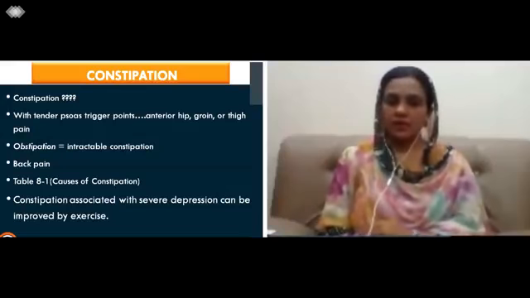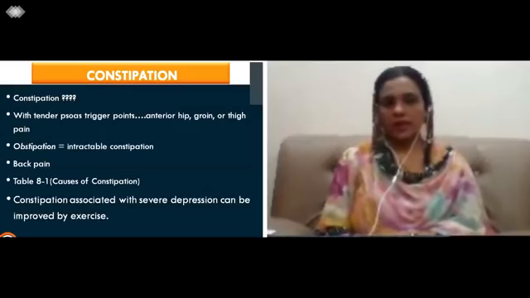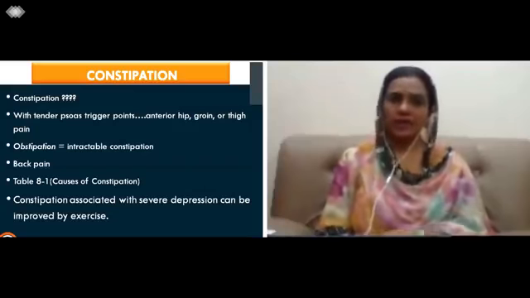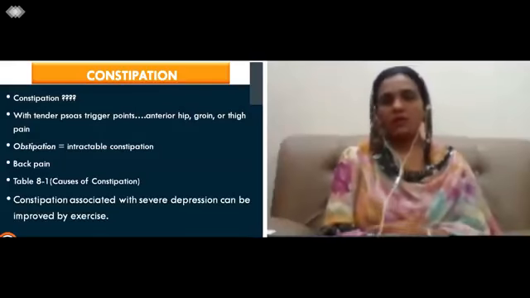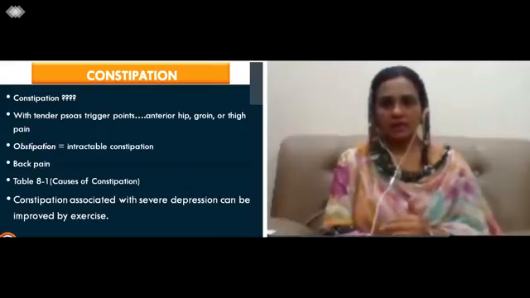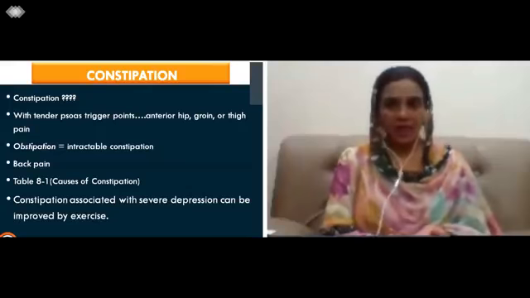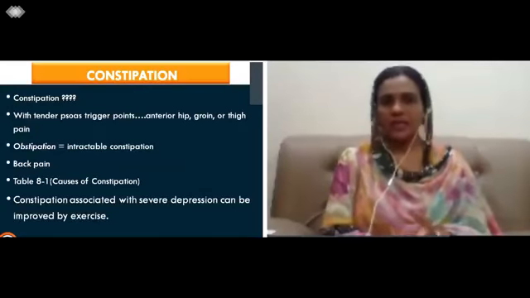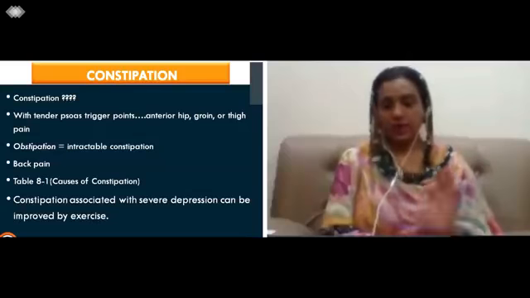There is another extreme case of constipation, which is called obstipation, which is seen in very old people. It is actually intractable constipation. What do we mean by intractable constipation? It means that the patient is unable to evacuate the feces by himself. He needs some external help or some kind of therapy to get rid of the fecal impaction.